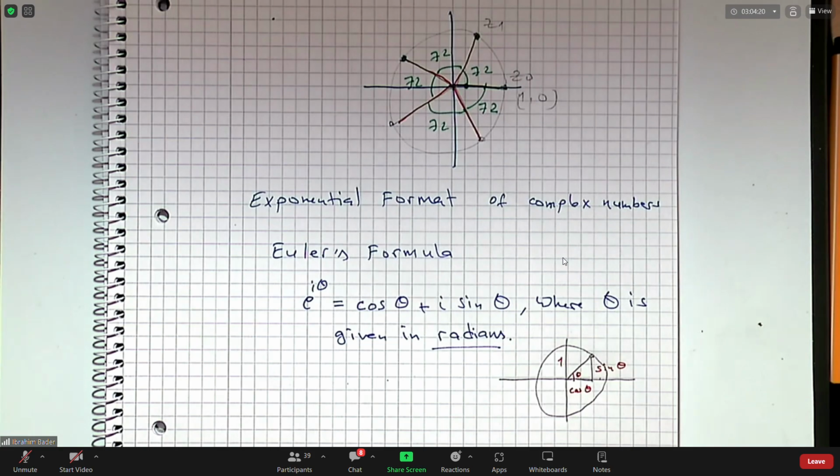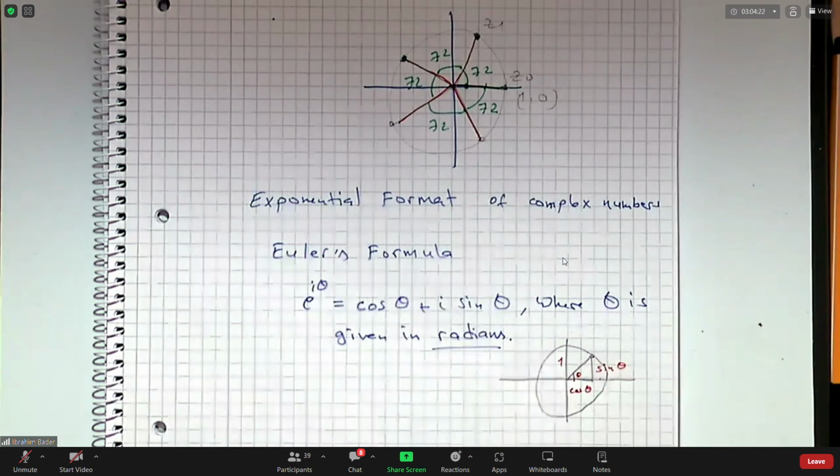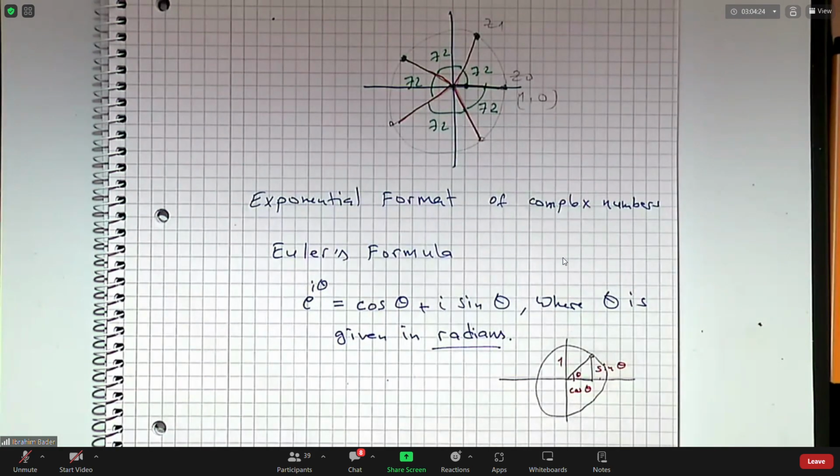Okay, now how to evaluate roots? I don't know which one you like more, but evaluating roots, you can do it in both ways. I will give you the formula.